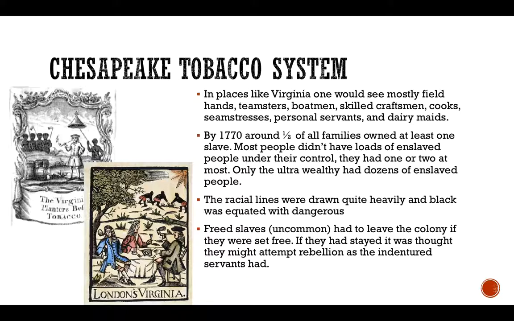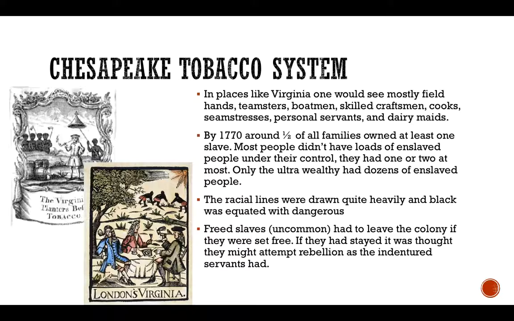So this is sort of what you think about when you think about something like Gone with the Wind, or something in that vein where there are large plantations that lots of different people are working on, and it's sort of this miniature city that people are working in.